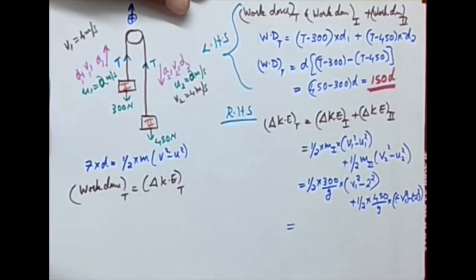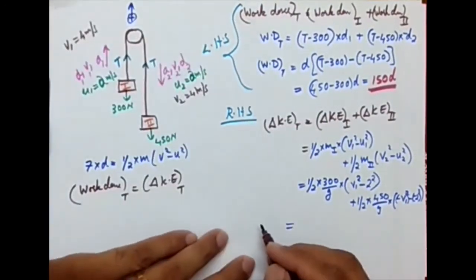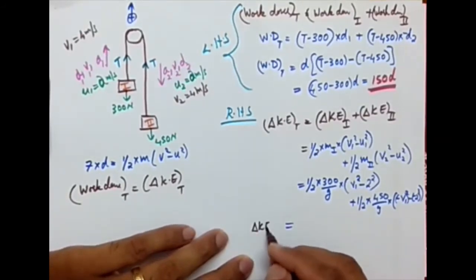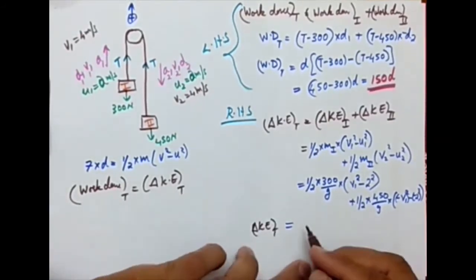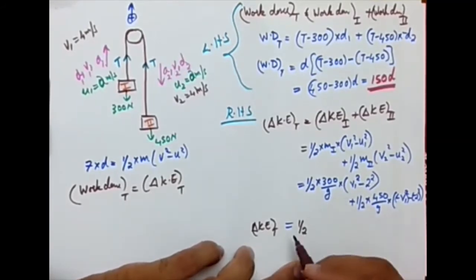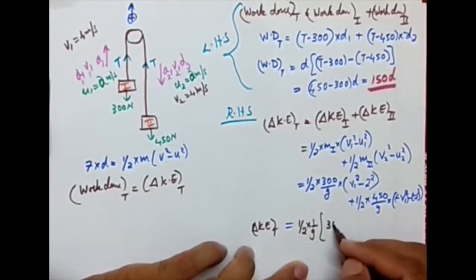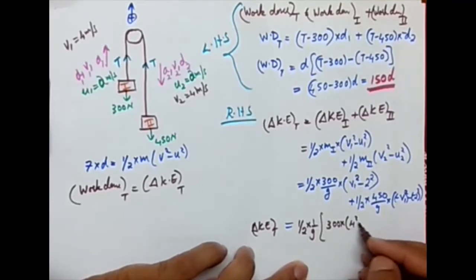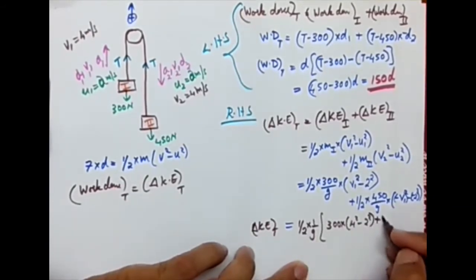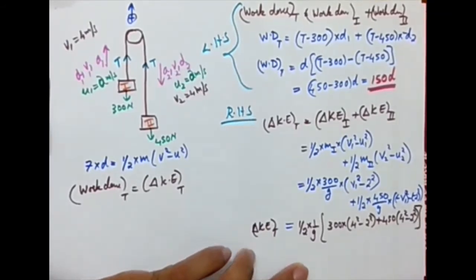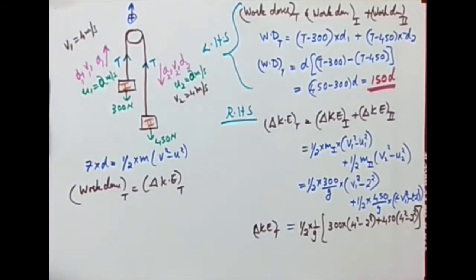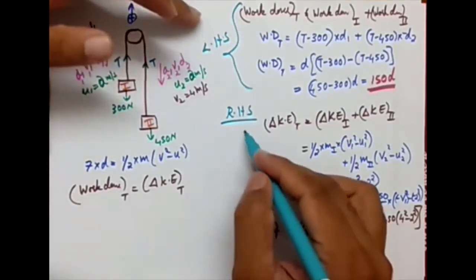Hence, this whole equation, that is the right hand side, delta KE total is equal to, taking out the common factor, half into 1 by g, 300 into 4 square minus 2 square plus 450 into 4 square minus 2 square. That is my right hand side of the equation.